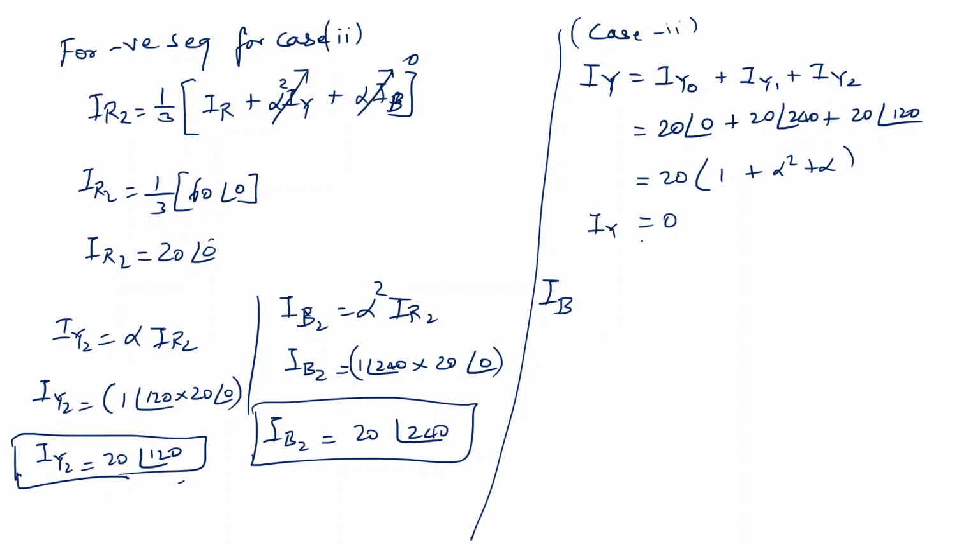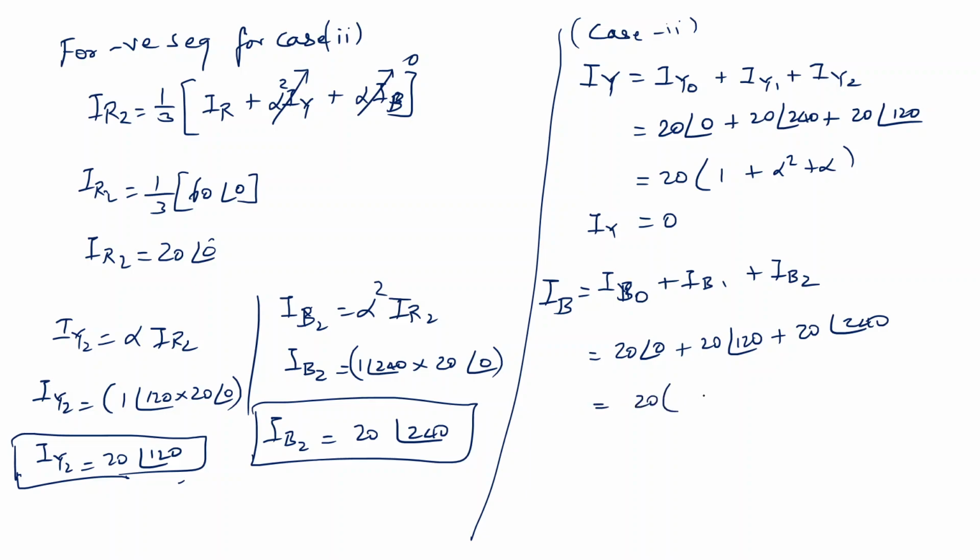IY is 0. What is IB? Very good. Similarly IB0 plus IB1 plus IB2. IB0 is 20 angle 0, plus IB1 is 20 angle 120, plus 20 angle 240. Again, if I take 20 outside, it is 1 plus alpha square plus alpha, so I get 0. So IB is also 0. Clearly we got 0 for IY and IB.